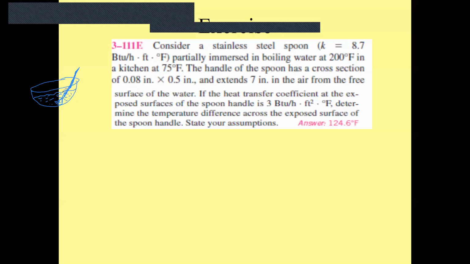So the part extended outside of the water is actually acting like a fin. If you see, the water here is the surface, and the extended part of the spoon is actually the fin to the surface.